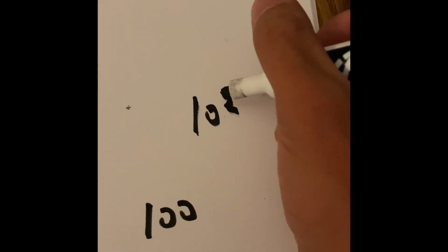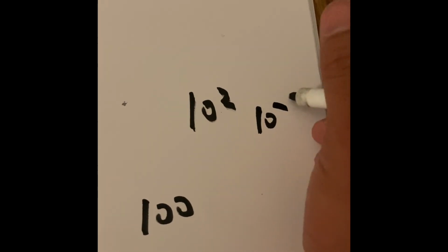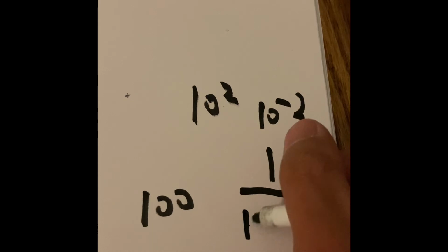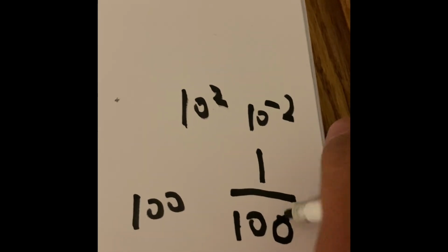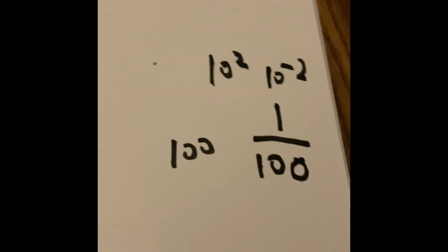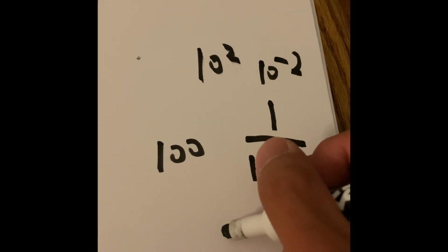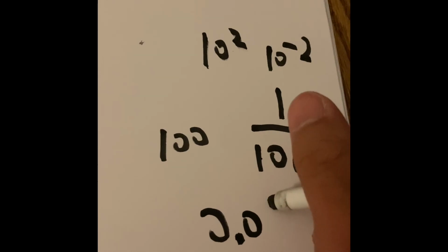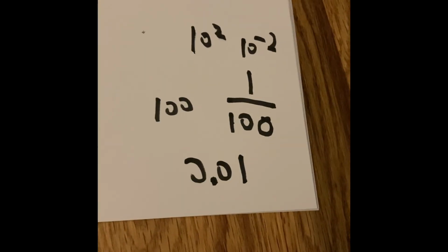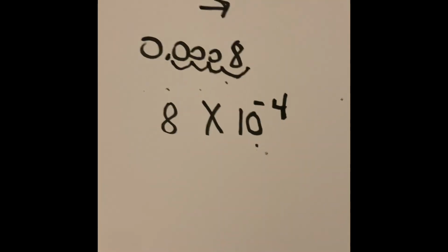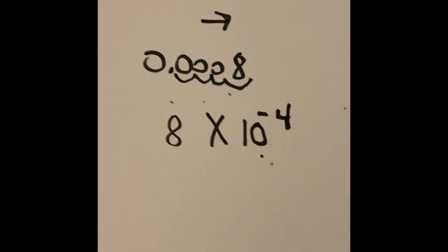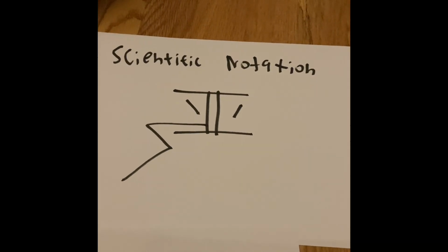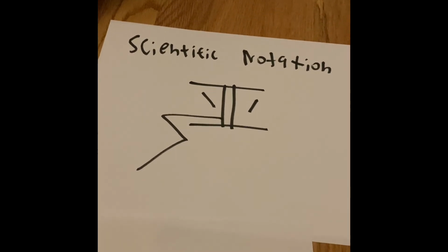But 10 to the power of negative 2 is 1 divided by 100. It's not a negative number. It's 1 divided by 100, or should I say 0.01. So that is why we have a negative exponent. And that is also why we sometimes write scientific notation to make assignments easier to understand.